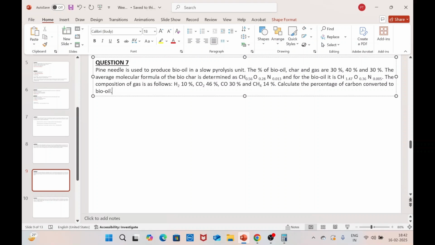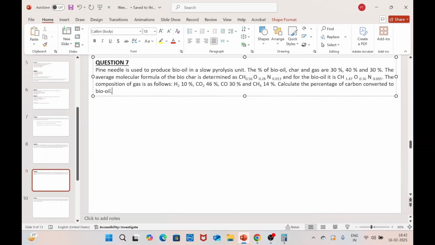You have the average molecular weight. Multiplying the coefficients with their atomic masses will give you the average molecular weight for the bio oil as well as biochar. Composition is given for the gas, and from that composition you can calculate the average molecular weight of the gas also.